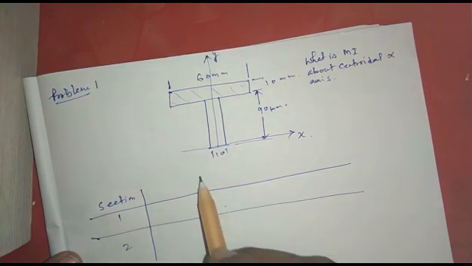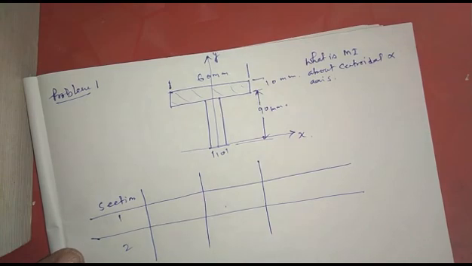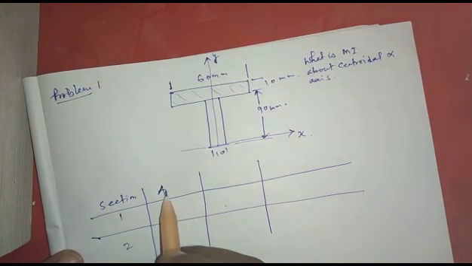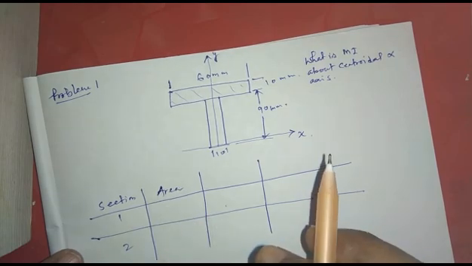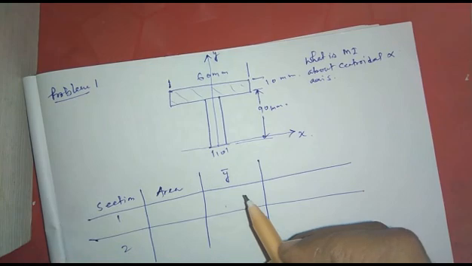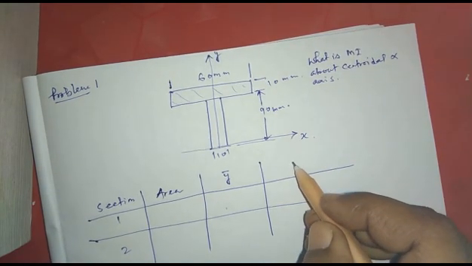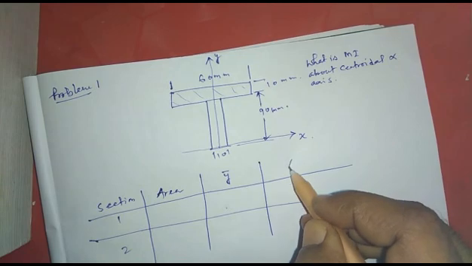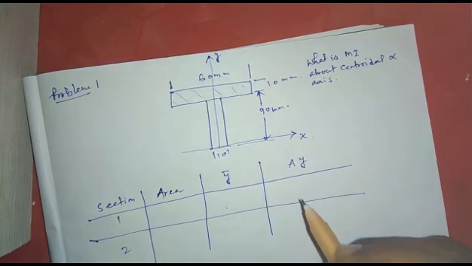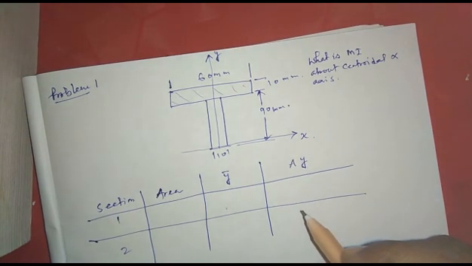So for each section we need to calculate their area, their centroidal distance, and the multiplication product of these two.